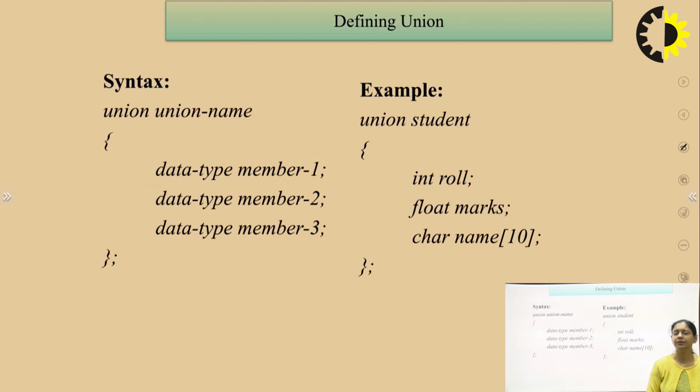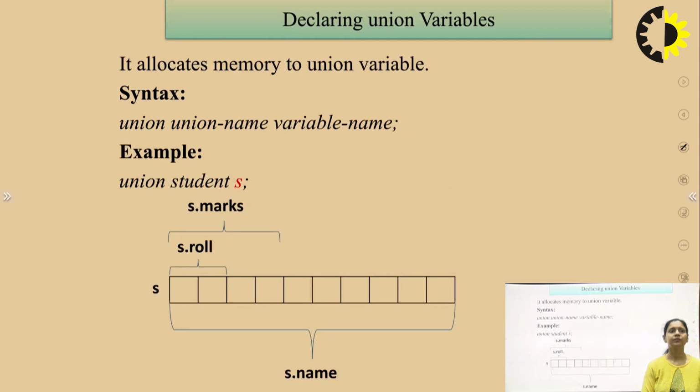Let's take an example. Here we have the syntax of union, where we have the union keyword, the union name, and the rest are the same as we have done in structures. In structures we had the struct keyword, and because now we are making a union, we have the union keyword.